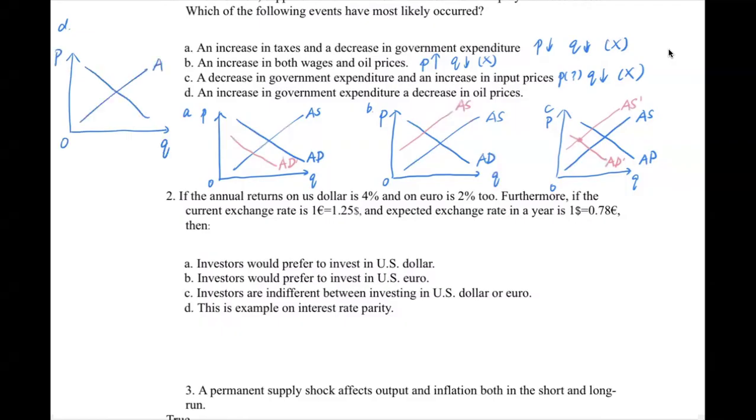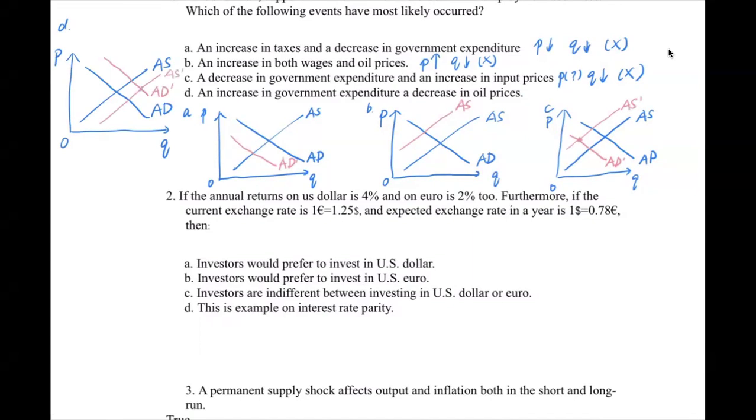Okay, and for D, the last one, AD and AS. An increase in government expenditure and a decrease in oil price. With an increase in government expenditure, the AD curve will shift right. And with a decrease in the oil price, the AS curve will shift downward.